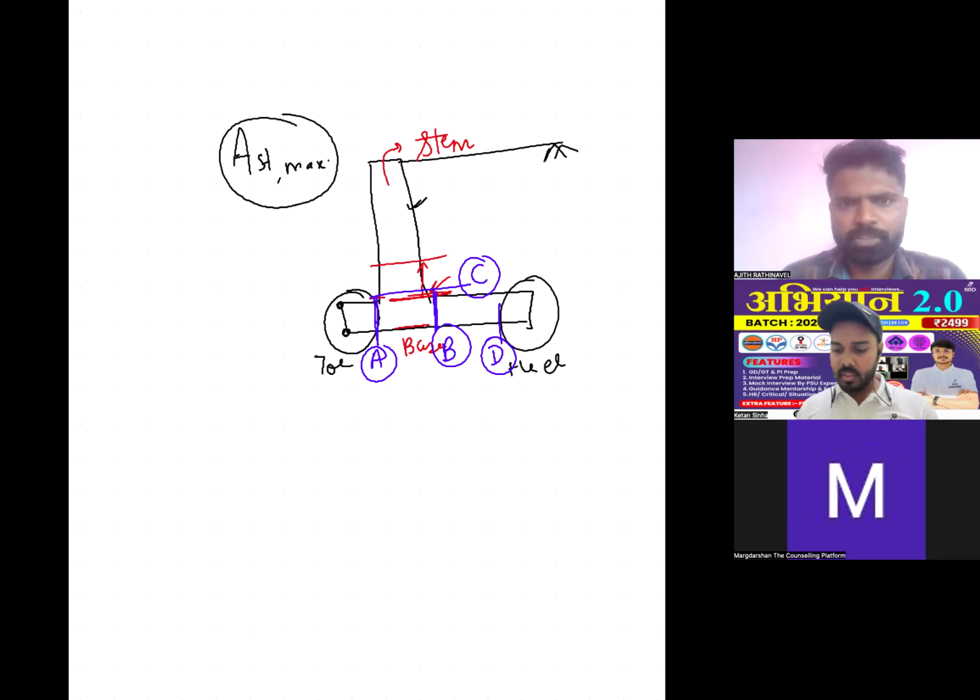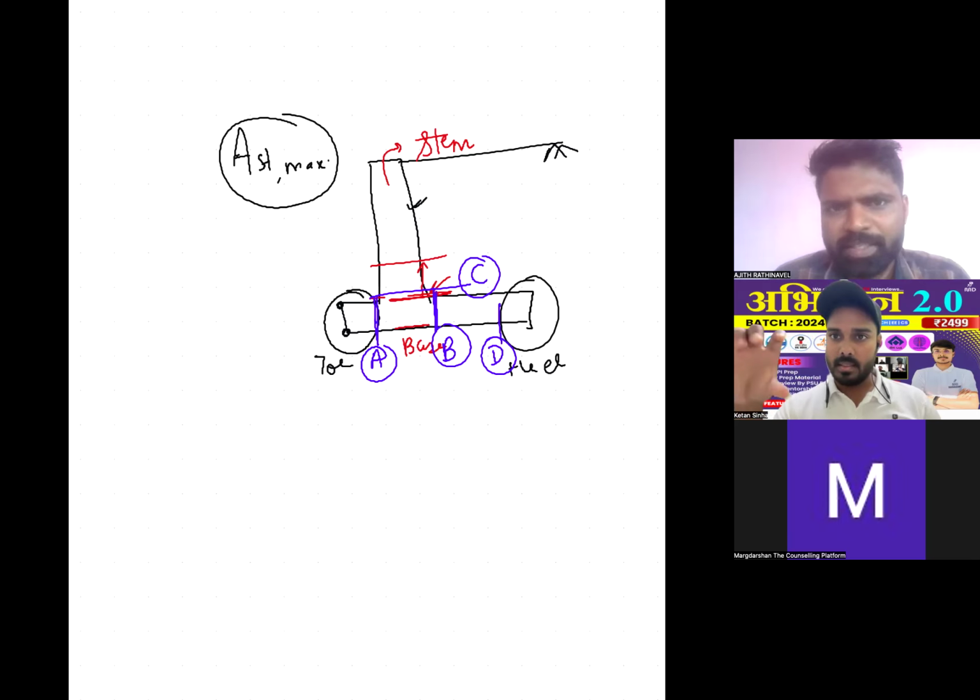Now let us discuss a few questions from the steel section as well. A very easy question. How will you design a laterally supported beam in case of steel structures? Sir, I didn't get the question correctly. You have a beam laterally supported throughout its length. It's subjected to some loads.